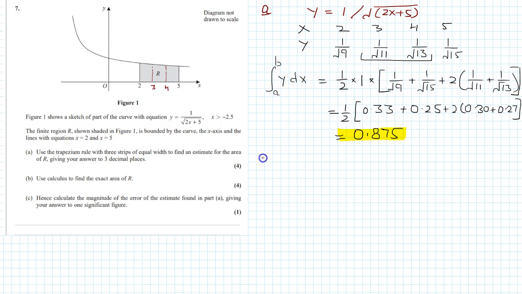Now part B is use calculus to find the exact area. So to find the exact area, it will be integral 2 to 5 of 2x plus 5 to the power minus half.